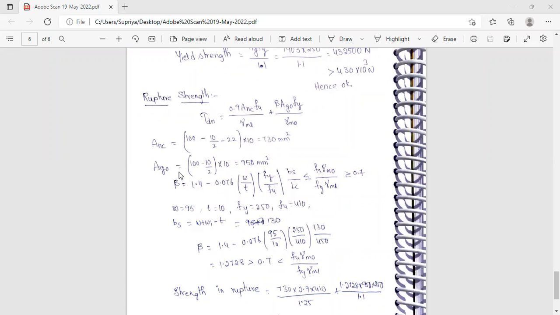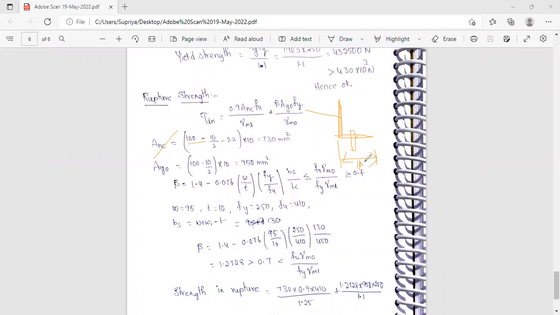Okay, and Ag0 means gross area of the outstanding leg. What is the outstanding leg and connected leg? If it is connected to the plate, it will be the connected leg, and this will be the outstanding leg. Okay. So while calculating the net area and gross area, up to center of the leg only we have to consider. Remember? Okay, do you remember that point? So 100 is the total width of the connected leg.